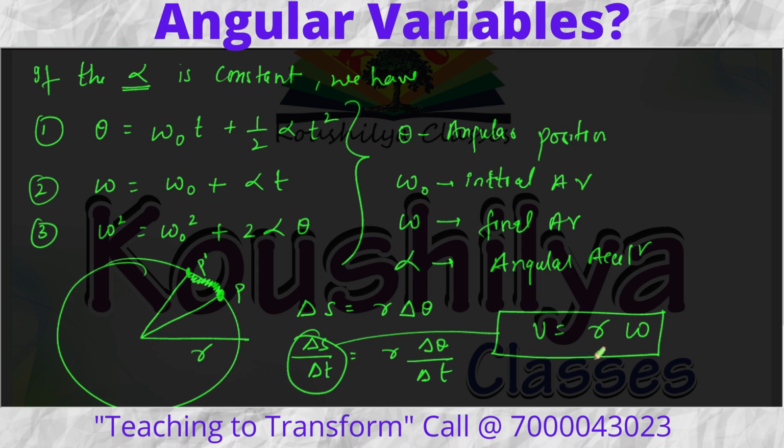So we have established one relationship between the linear velocity and angular velocity: linear velocity is equal to r times angular velocity. This is deduced by the concept we studied in our previous classes that theta is equal to arc upon radius, so arc is equal to theta into radius.